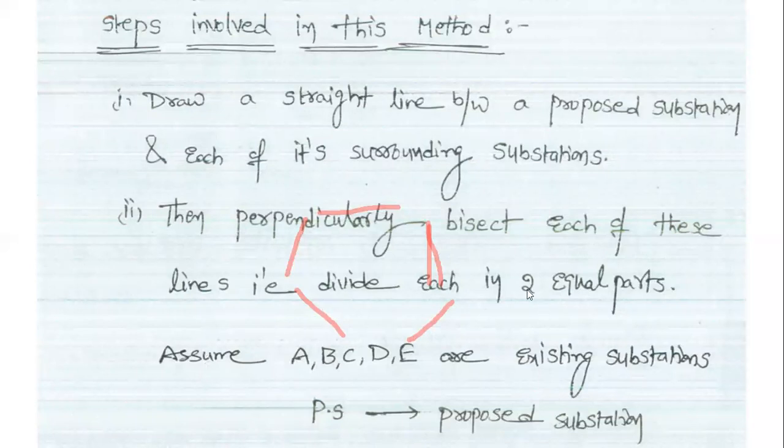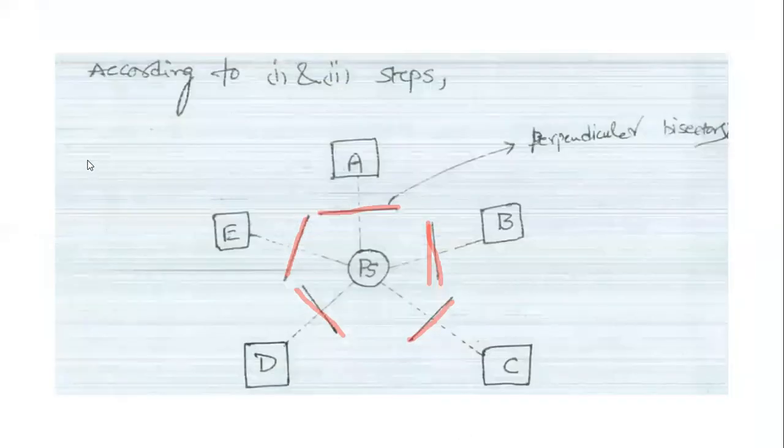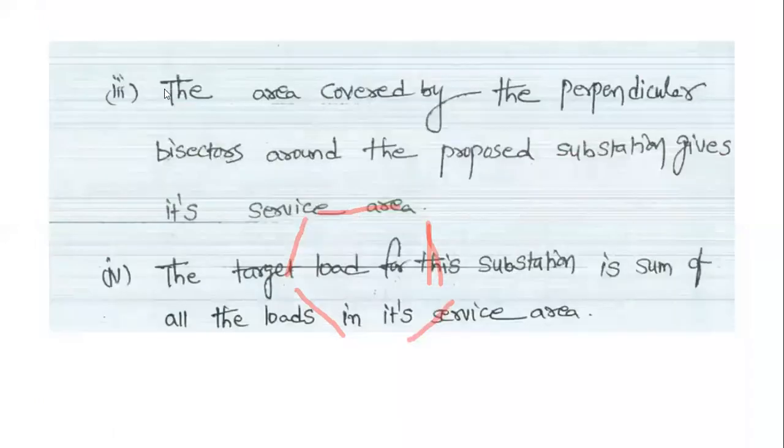Then each line will be divided into two equal parts. Assume A, B, C, D, E are the existing substations, and PS is the proposed substation. According to step 1 and step 2, the area covered by the perpendicular bisectors around the proposed substation gives its service area.